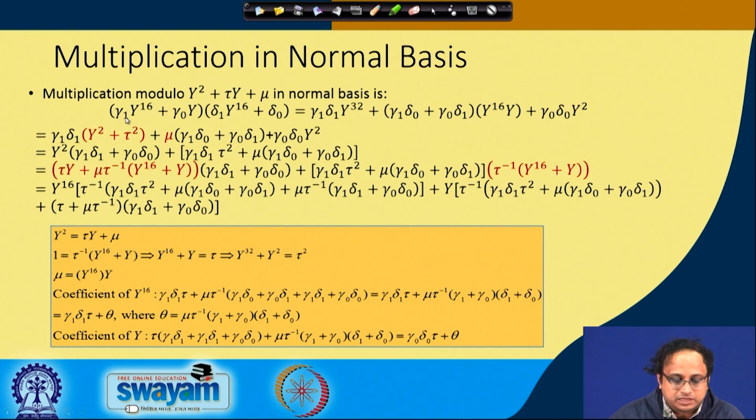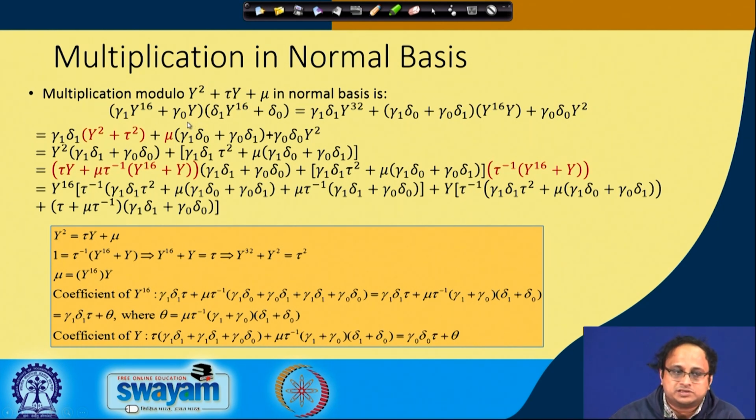For example, let me consider two elements in the field GF((2^4)^2). One of the elements is gamma 1 y power of 16 plus gamma 0 y. Note how we have represented the element, unlike your polynomial basis representation, because here y power of 16 and y are my basis, so I have to express it in that basis.